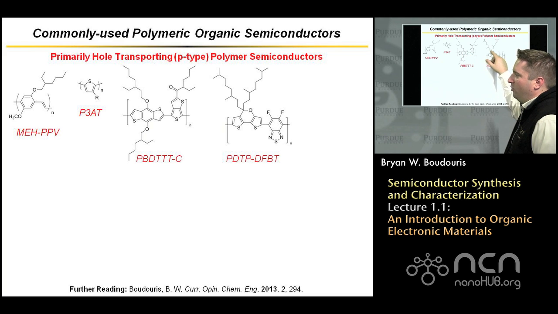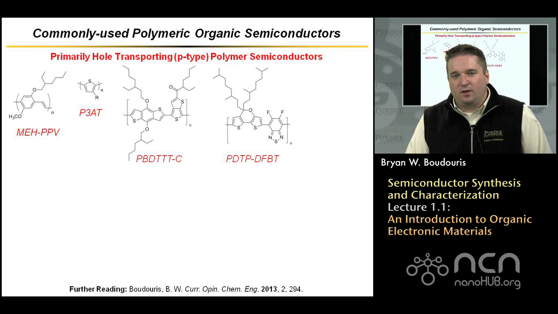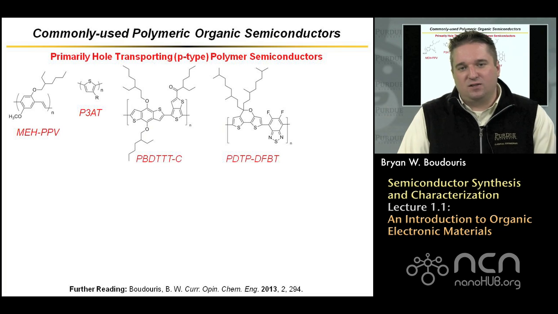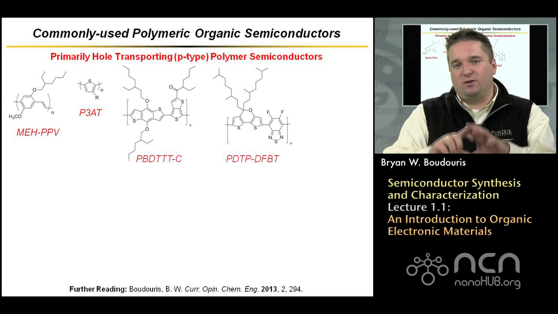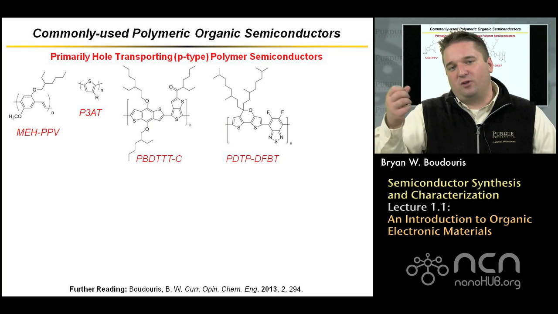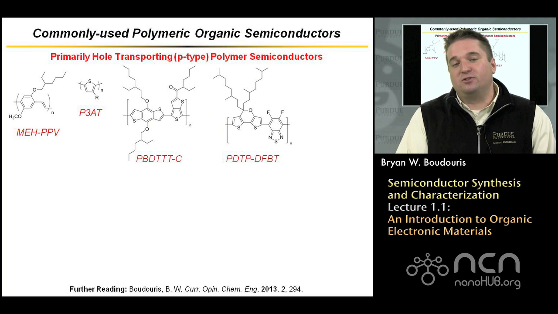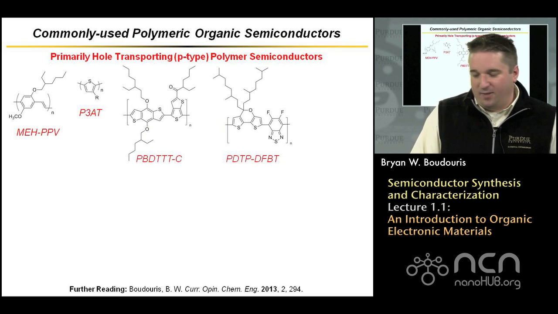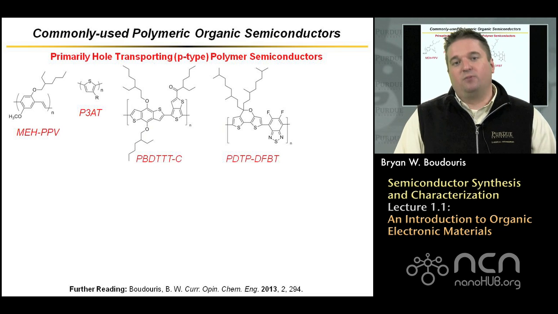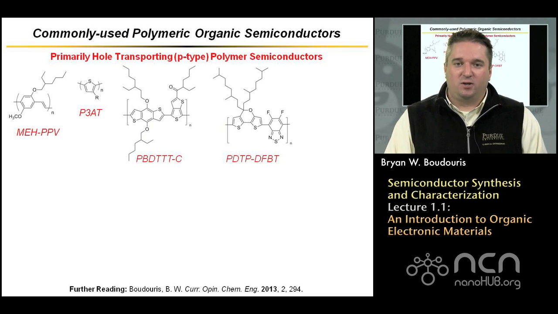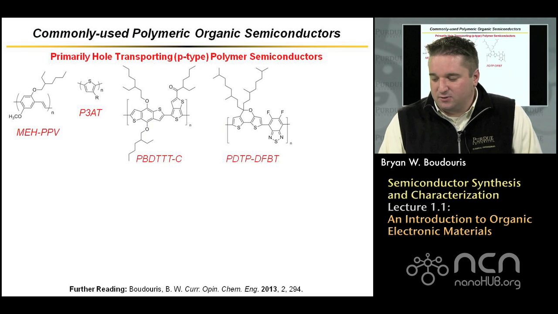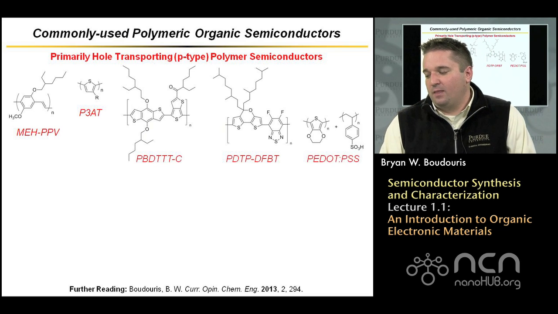And there's also large side chains to make them soluble in solution. So I hope what you're starting to see in these materials is that we have a large degree of conjugation with solubilizing groups that don't have those repeating pi single and double bonds. And that allows us to get good charge transport, but also lets us print our materials so that we can have low-cost, flexible devices. Okay?